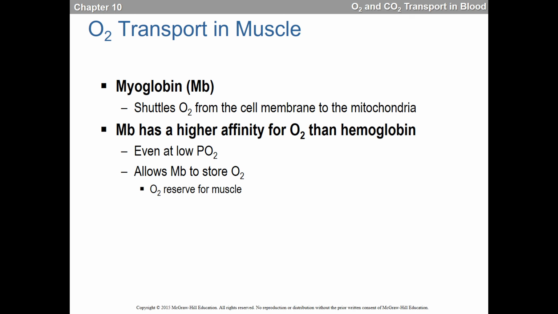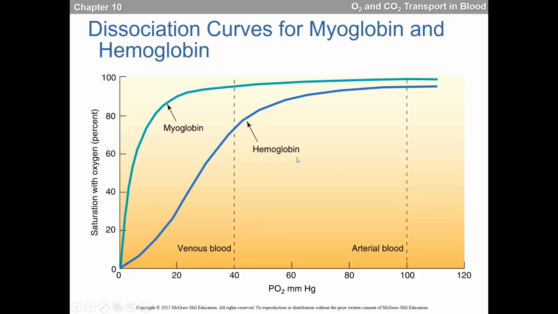And really a big part of this reasoning is that within the mitochondria, I believe your book says this, the partial pressure of oxygen can get down to like 1 or 2 millimeters of mercury. So it's really important for it to have this super high affinity. So here is more or less how this looks.